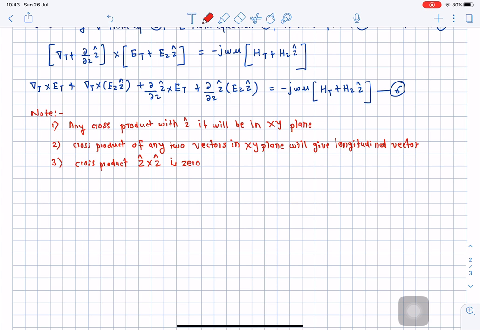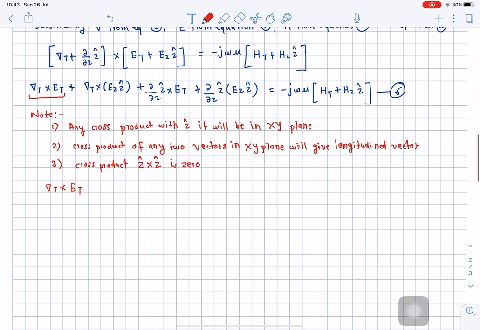Now see the first parameter. The first parameter is del t cross E t. These two field components are in the transverse plane, so t stands for transverse plane.